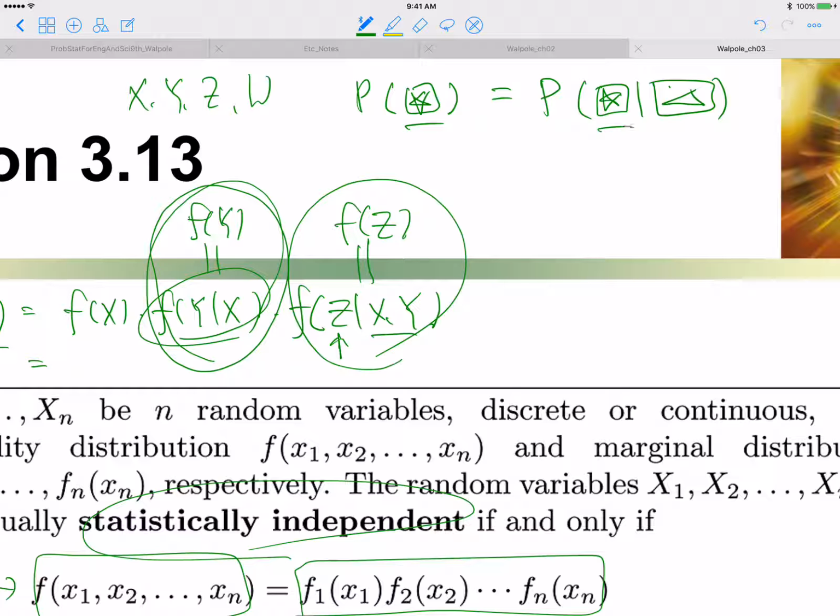This star should be just one variable out of the variables that you have. It could be x or y, z or w, but it should be only one. And this part, you can put whatever other variables you have at this position, and for all these cases, this equation should always be true. Only after then can we call them statistically independent.